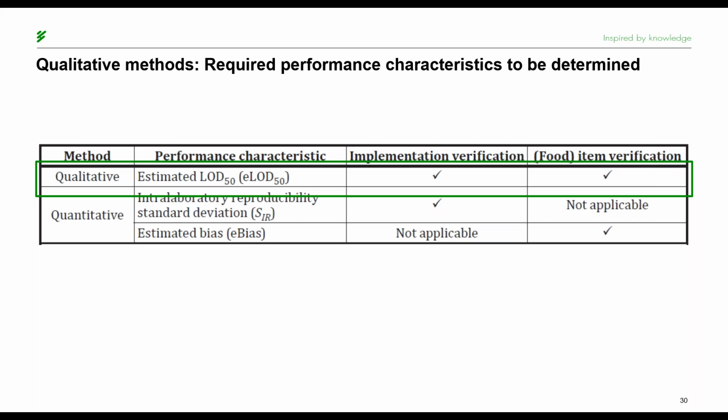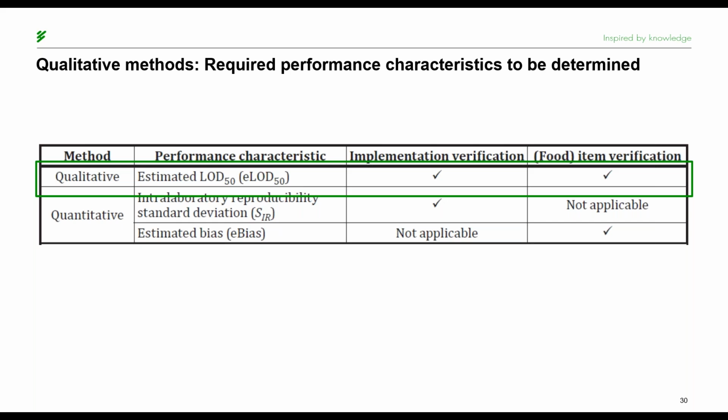We are going to go over this table again, and as we can see, we must determine the estimated LOD50 for each step of the verification. The LOD50 refers to the detection level with a 50% probability of detection. That is the detection level for which 50% of the tests would give a positive result.